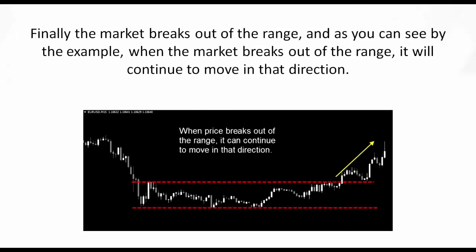Finally, the market breaks out of the range. And as you can see by the example below, when the market breaks out of the range, it will continue to move in that direction. Not always, but frequently. So once we get a breakout out of the range, I'm going to go back to that saying, the market's going to keep doing what it's doing until it stops. It was ranging and it kept ranging until it stopped.